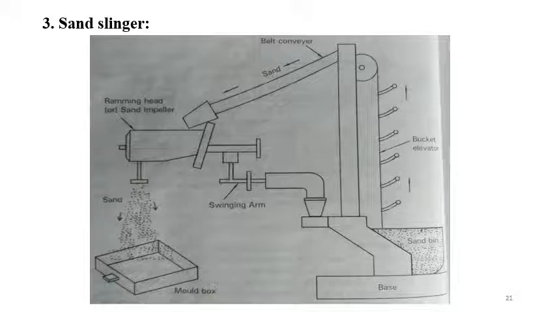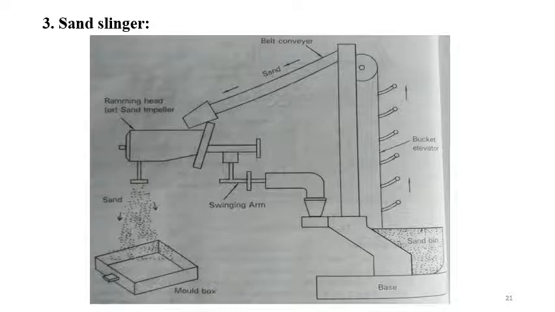With very high pressure and velocity, the sand moves from the ramming head to the mold box. Once you fill the mold box, you send it to the jolting machine or squeezing machine. Then we can prepare the mold box.